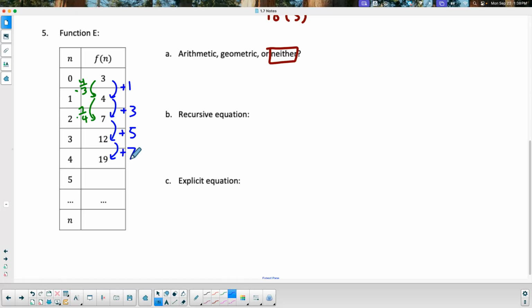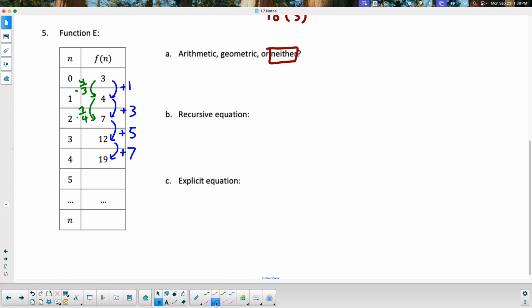What are you doing to get the next term? Adding 2 to the previous number, like what you're adding to it. 5 plus 2 equals the next number. What you add to 12 to get 19. I don't know how that makes sense, but it makes sense in my brain. I get it. I understand it. I'm just trying to think of how we could say it nice and cleaner. You know what I mean?